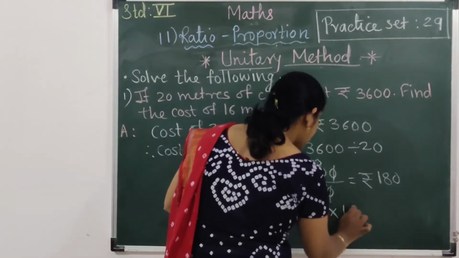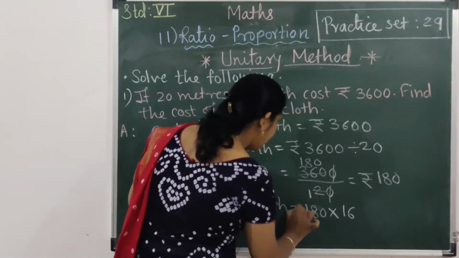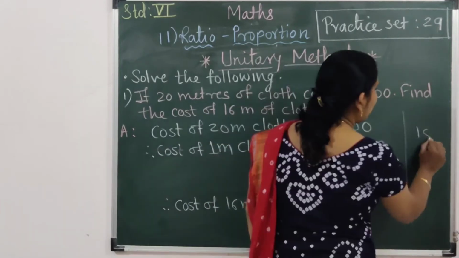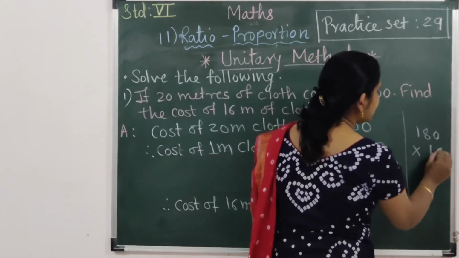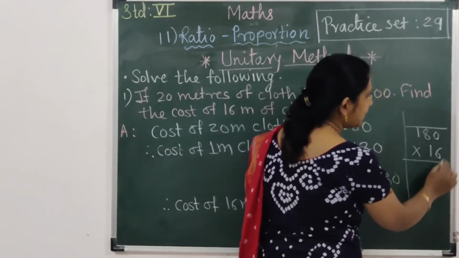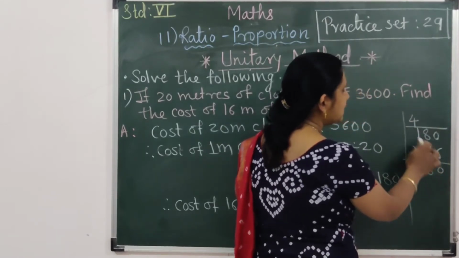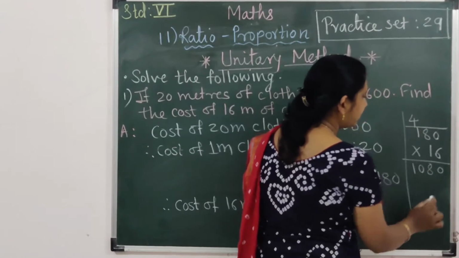180 into 16. Now directly, if you cannot do the multiplication, do here actual 180 multiplied by 16. Okay, 6 zeros are 0, 6 8s are 48, carry 4, 6 1s are 6 and 4, 10.